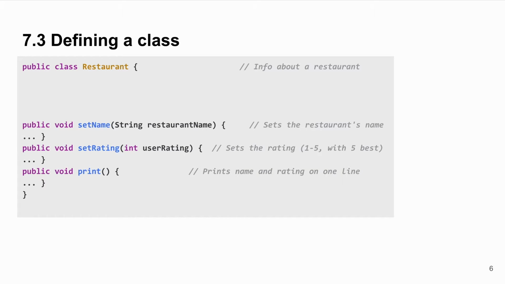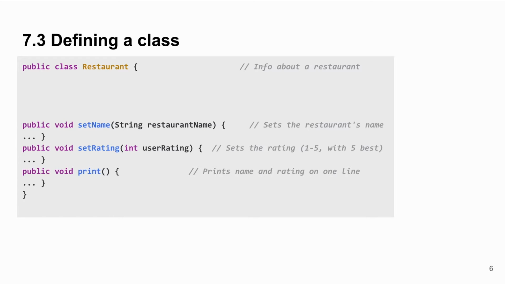This is what a typical class looks like. Public is an access modifier and class is a keyword which is only used before the name of the class, to declare the class or define the class. Here, public class Restaurant, with the curly braces opening up to define the member methods of this class.